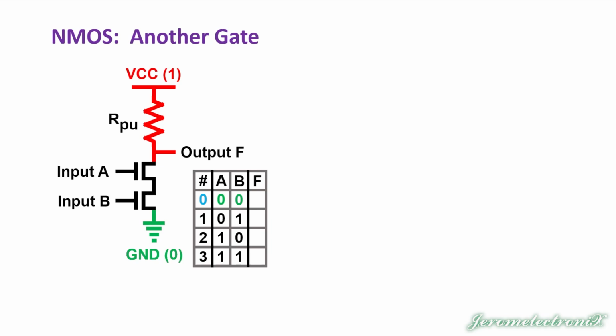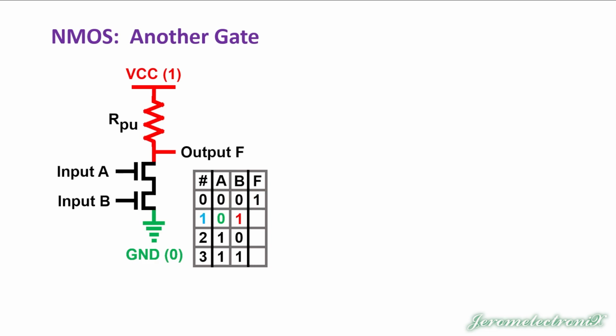What do zeros do with NMOSs? Well, they prevent flow. If the zeros are preventing flow in the transistors, that means the only output that could possibly be coming out of output F is high voltage, 1, binary 1.